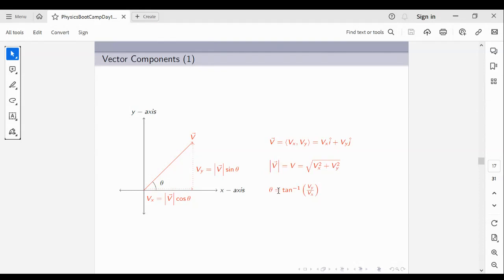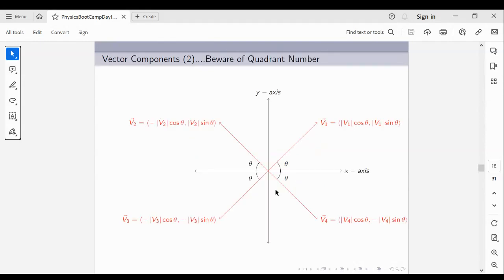If you want to know the angle it makes with the positive x-axis, you just do the tangent inverse of Vy over Vx. However, you should be mindful of the actual geometry that's in place, because tangent inverse has some discontinuities. So you need to look at it and interpret it geometrically. So in the next slide, we show you all the different variants that it could take.